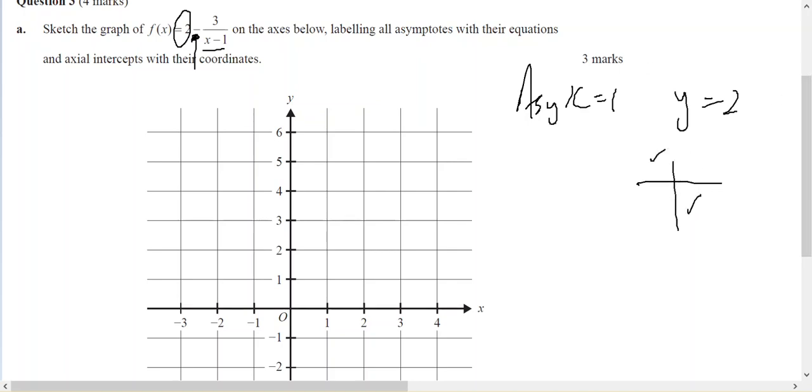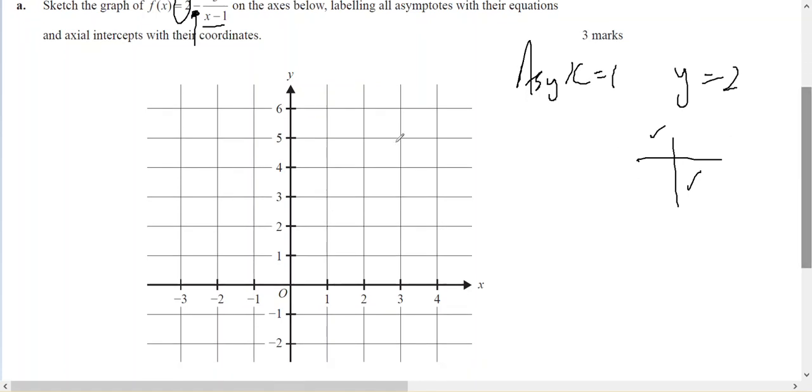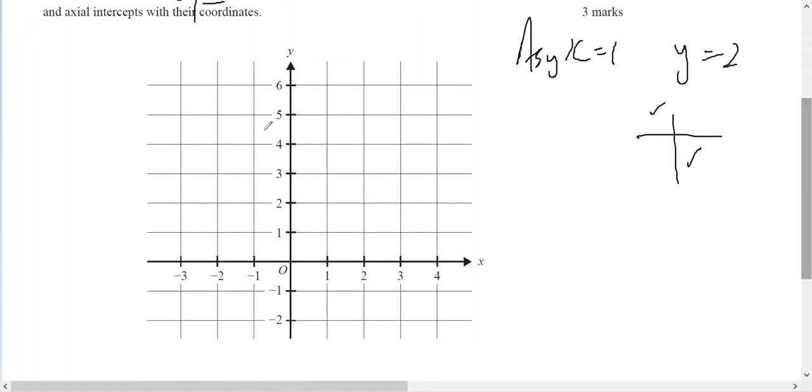Okay, so I'm going to have an asymptote at x equals 1, x equals 1 and y equals 2. And I should be down here and I should be up here.